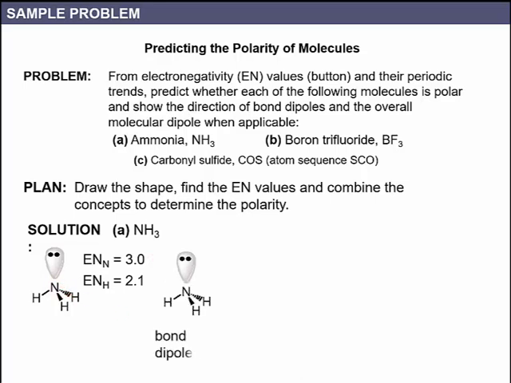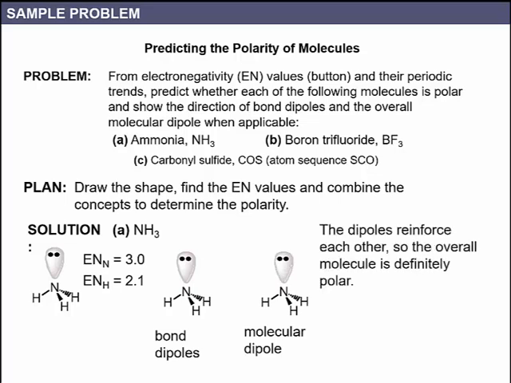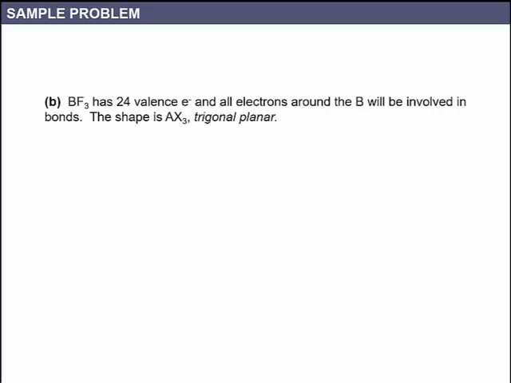Right, so we're going to end up with some bond dipoles, and those bond dipoles are going to result in a molecular dipole. The dipoles reinforce each other, at least in this vertical direction that goes straight up through the molecule, and so the overall molecule is definitely polar. Right, and there it is as one of those thermal heat maps.